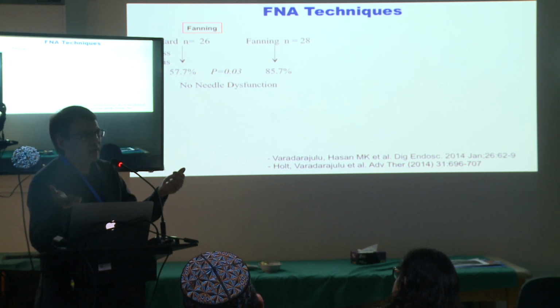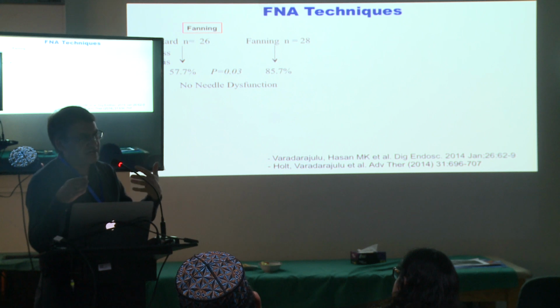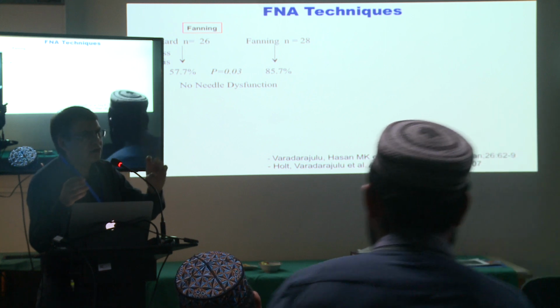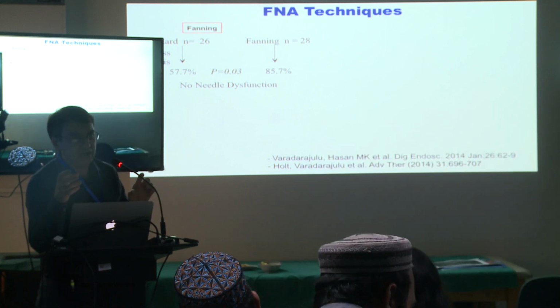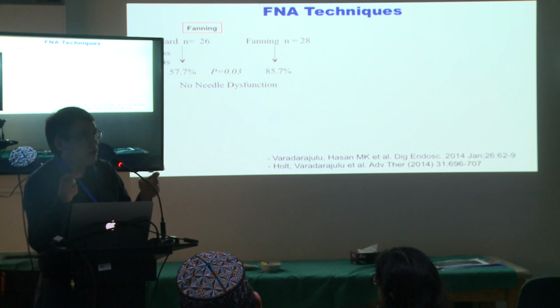You don't want to come out of the lesion. The way you change the trajectory is you bring the needle back toward the surface without getting out of the lesion, and then change the direction either with the wheel, the elevator, or by moving the scope in and out a little bit. There are different ways to change the trajectory.